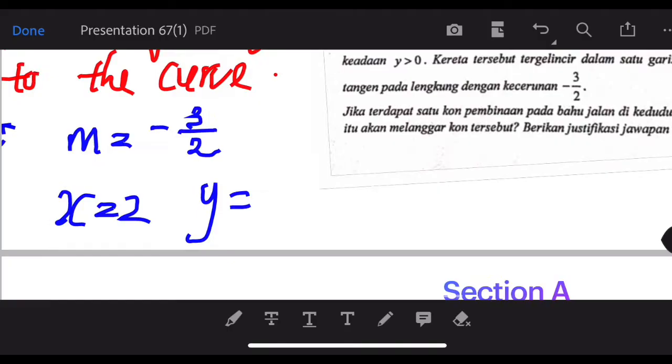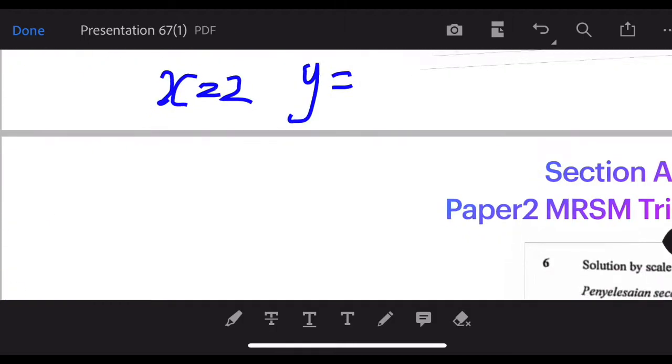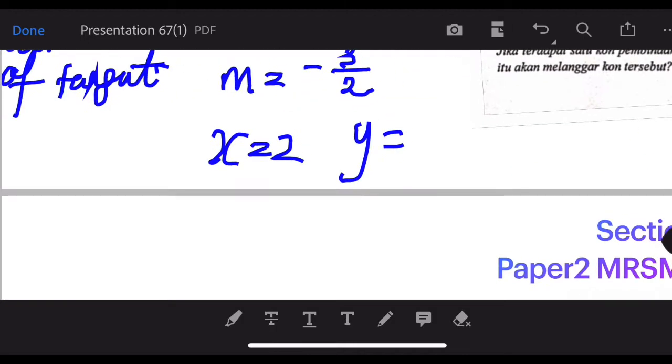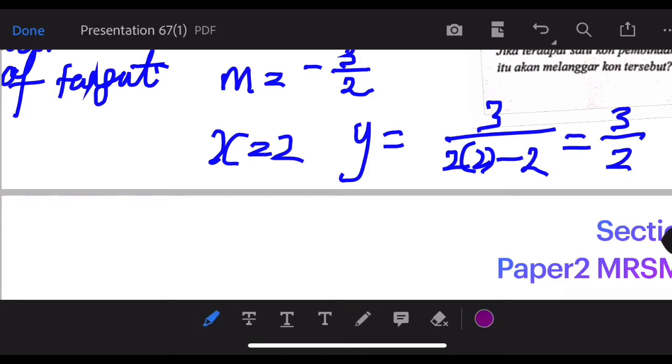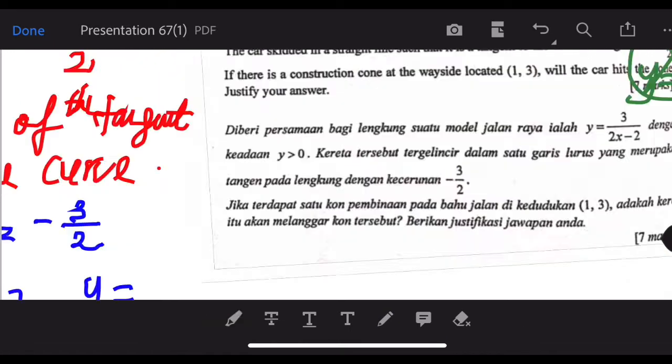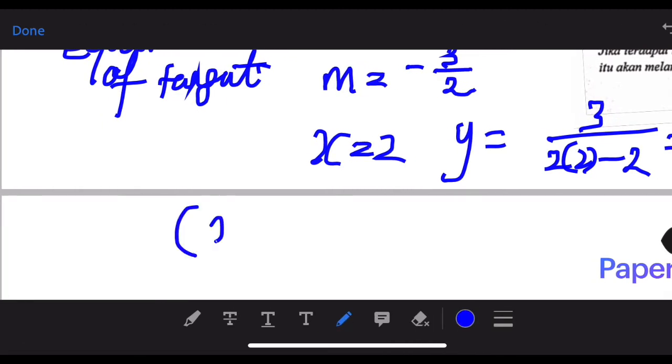Let's substitute: 3/2 x minus 2, so 3/2 times 2 minus 2, we have 3/2. That means the point on the curve will be 2 and 3/2, right?